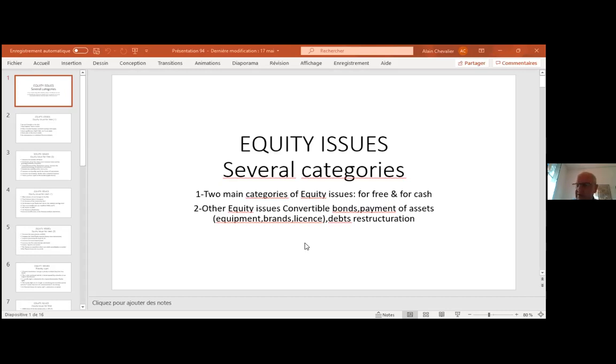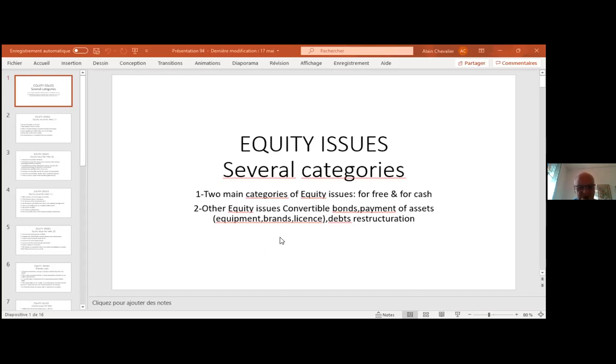We'll also integrate part of the theories we have in finance. One of the main theories here is what we call the signal theory, and we will see in a few minutes what it means and how we can introduce this theory into the presentation.